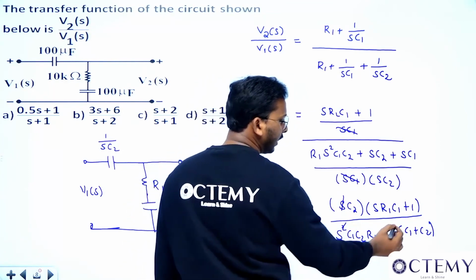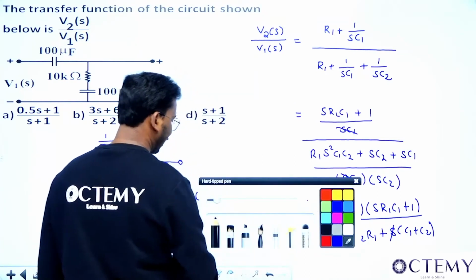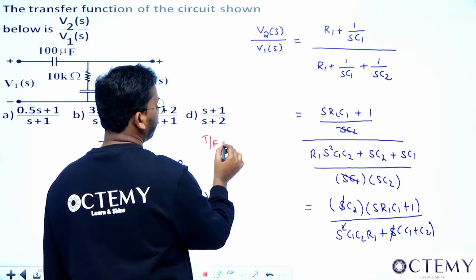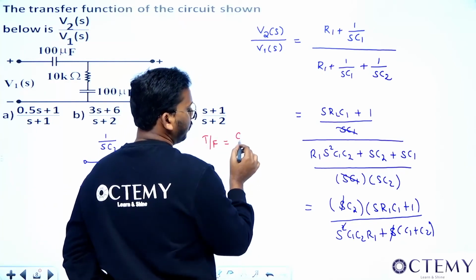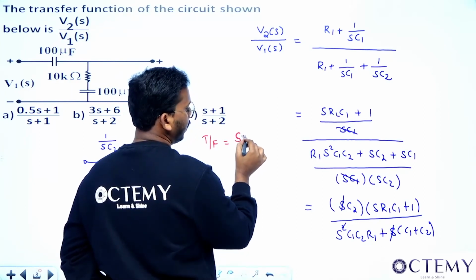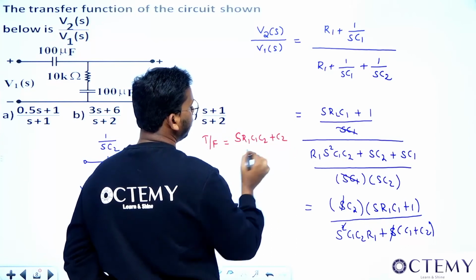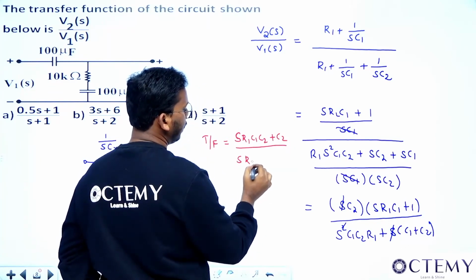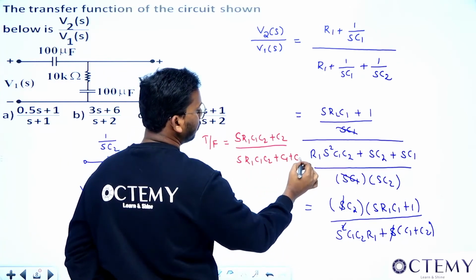This S will get cancelled, and the final answer would be something like this. Transfer function would become (S R1 C1 C2 plus C2) divided by (S R1 C1 C2 plus C1 plus C2), right?